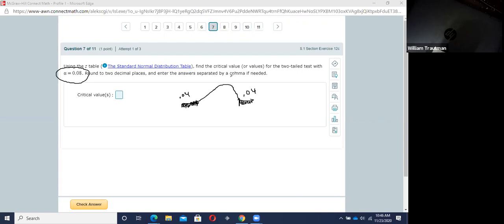Second vars, number 3, and if you type in 0.04, you get negative 1.75. And since it's symmetrical, you're going to get a positive 1.75 here. It says round to 2 decimal places and separate by a comma: negative 1.75, comma 1.75. Those are our critical values.